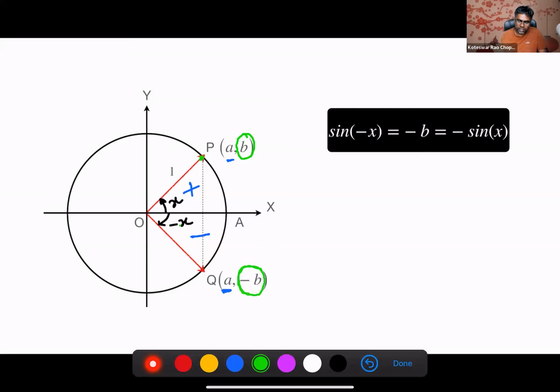Sine of minus x is minus B, but we know B is sine x. So what are we saying? Sine of minus x is minus sine x. Are we getting this?